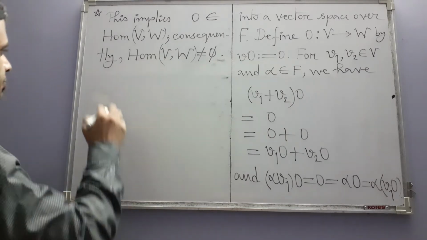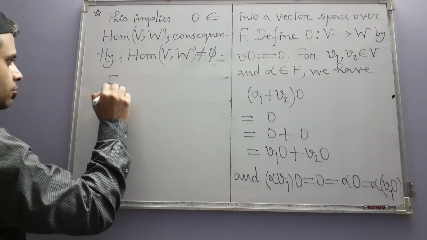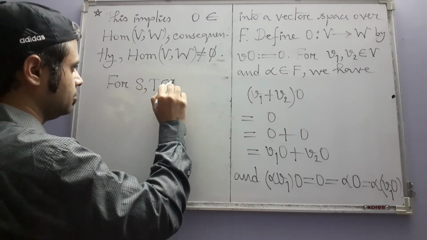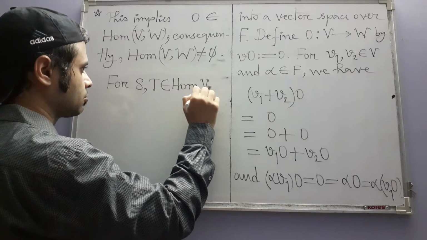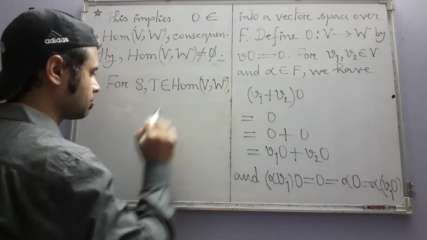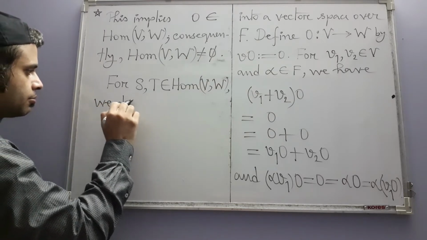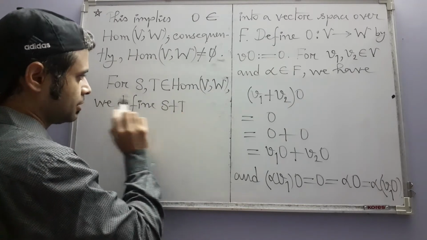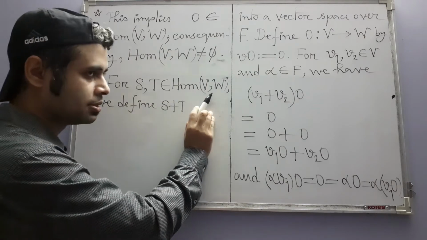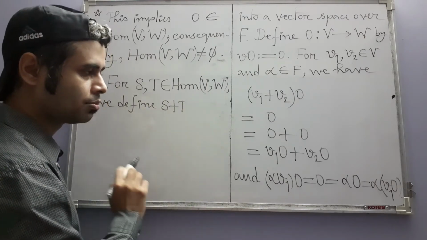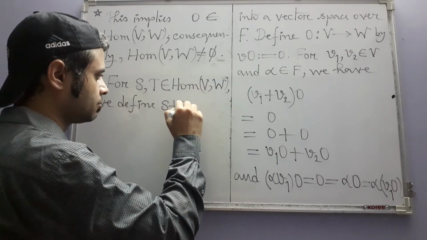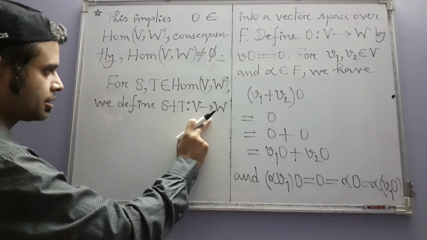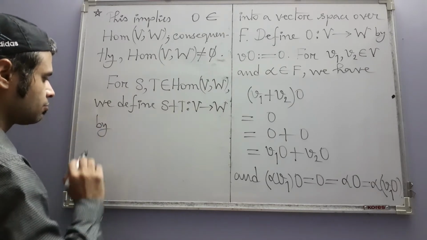Now we define addition. For two homomorphisms S and T, we define a function S plus T. Keep in mind that this S and T, because they are coming from this set, each one of them is a homomorphism from V into W. Now we are going to define a function S plus T from V to W by this formula.